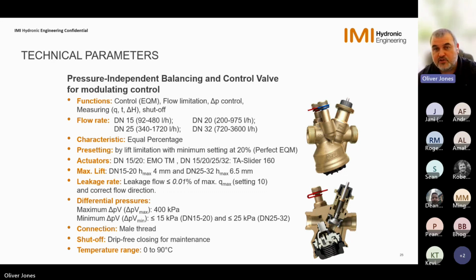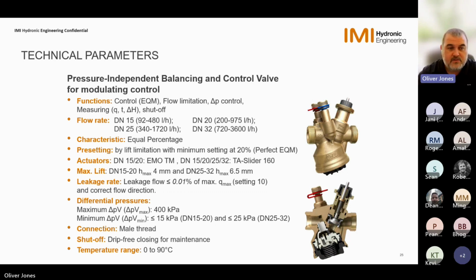We can also shut the valve off as well. So there's a position on the smaller valves, which is +1, which is called position X. We can move that and fully isolate the valve. On the slightly larger valves, which we'll see shortly, there is just an operation to 0, but I'll cover those in a while. Again, our characteristic is equal percentage.